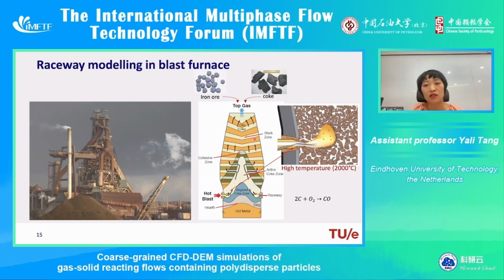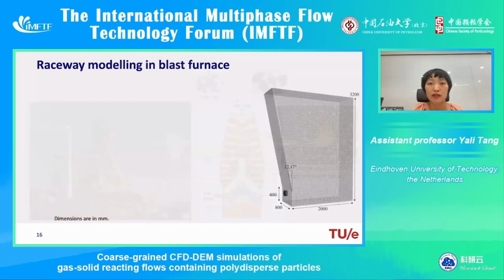Experimentally, it's not possible to access the inside of the furnace when operating because of the harsh conditions, with high temperature around 2000 degrees C and high pressure around 4 bar. That's why our project aims to use this CFD-DEM numerical framework to better understand the raceway formation and the chemistry performance inside. This is the domain of the raceway model.